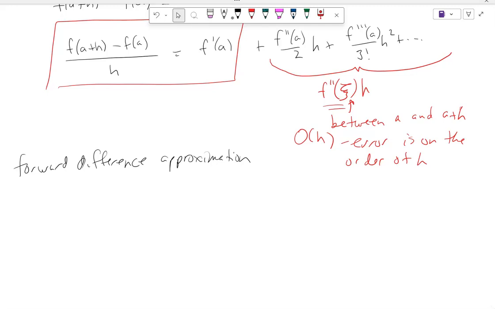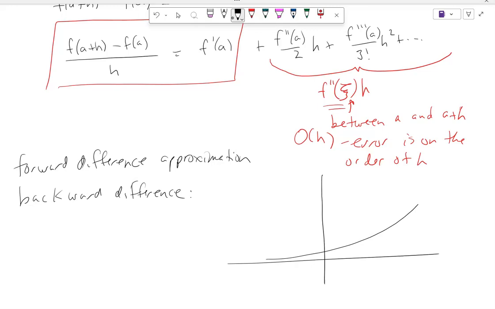Any guesses on what the backwards difference might be? Let's think about the picture, and then maybe you can guess what the backward difference is. Here's a.